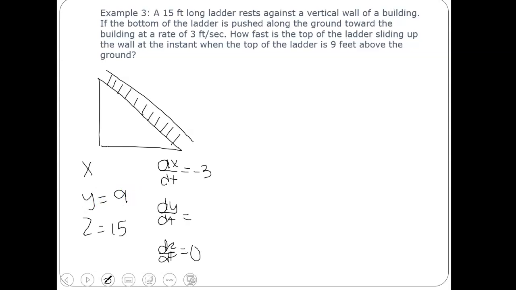Okay, the ladder is 9 feet above the ground. So y is 9, z is 15. What is my x?